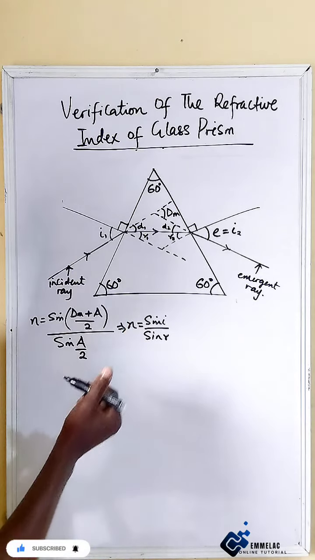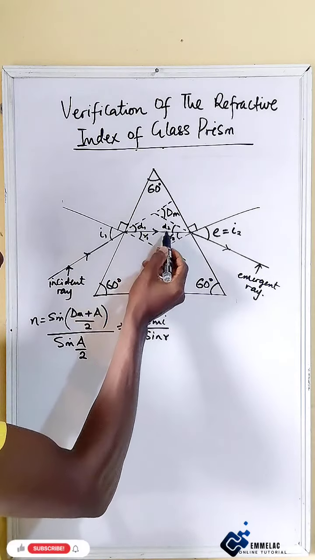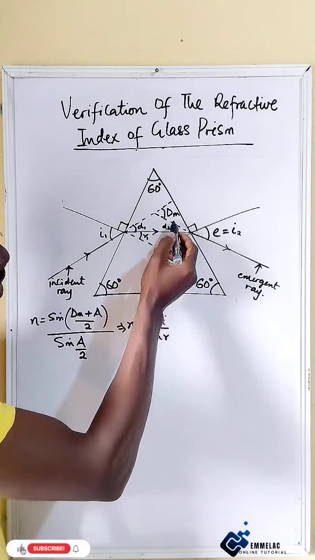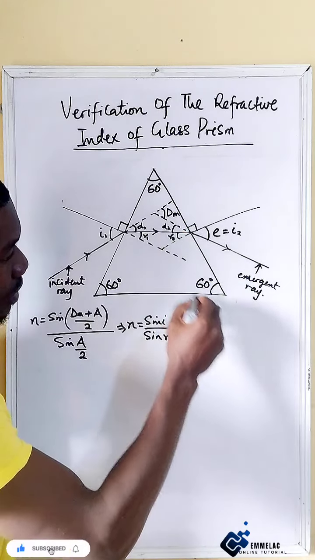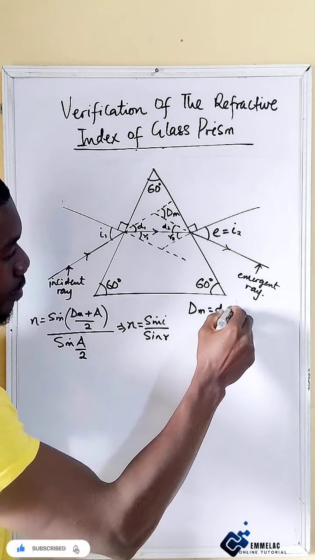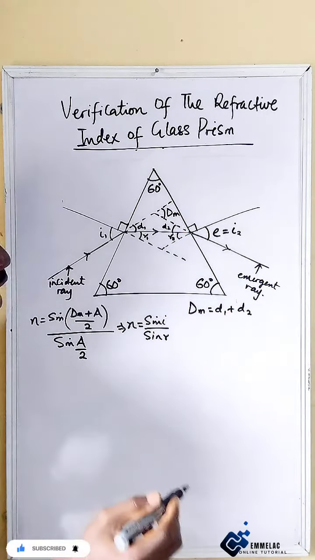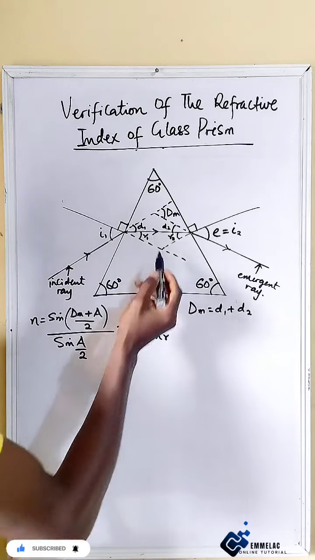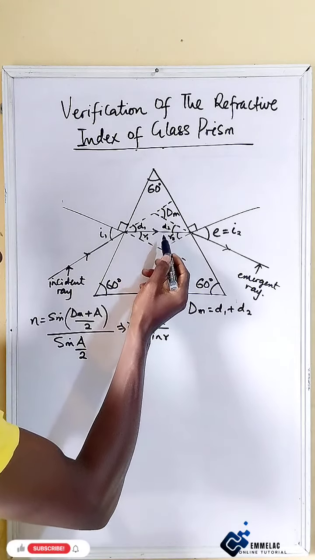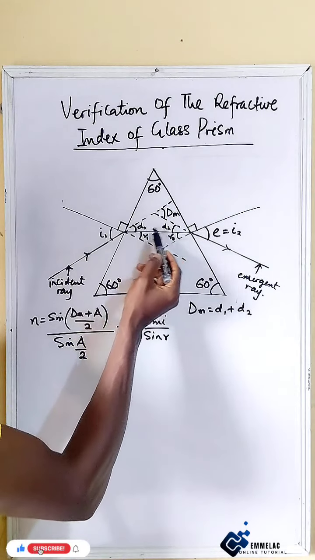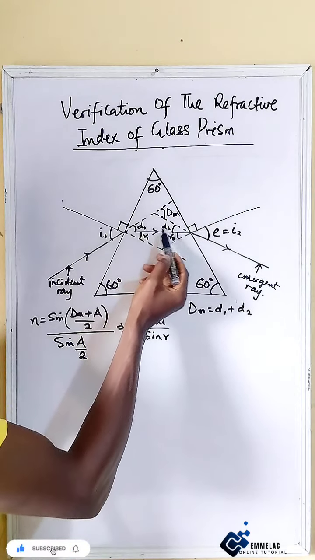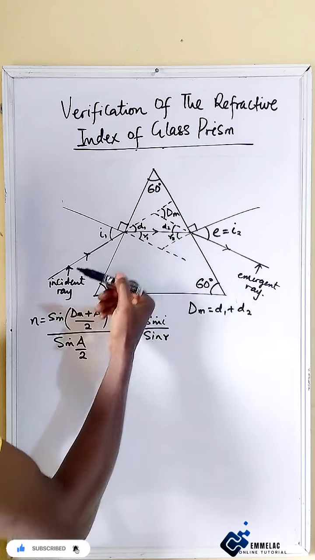Now let us take a look at this D1, D2. The minimum deviation Dm equals D1 plus D2. According to the geometric law, the external angle equals the sum of the two opposite interior angles.